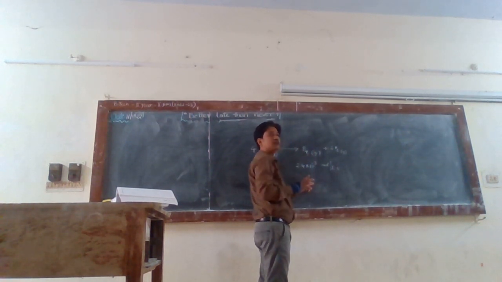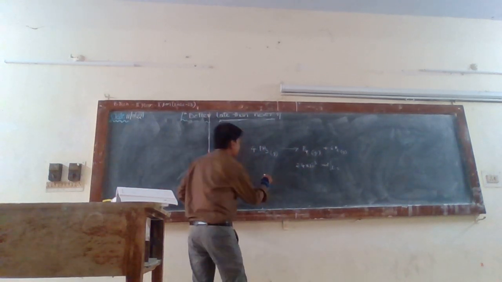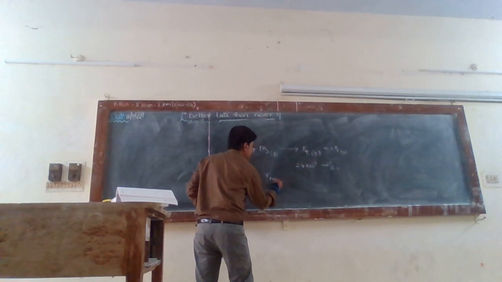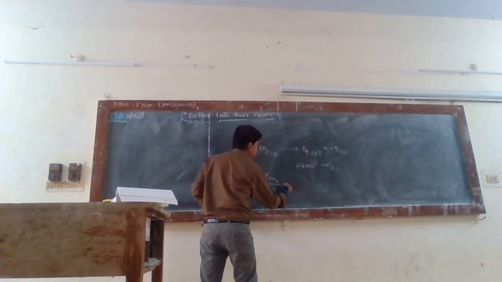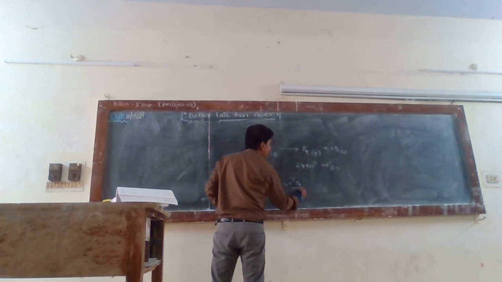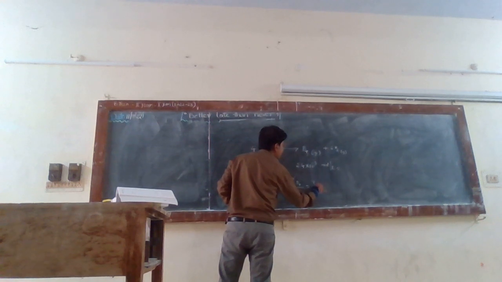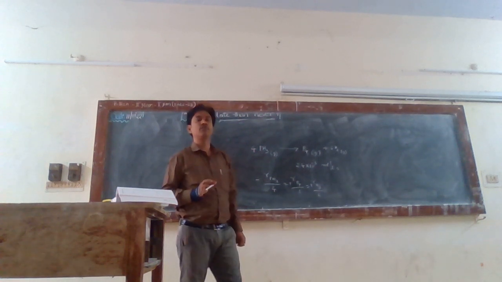Positive, because it is a product. So if I write rate of phosphine PH3 with negative sign because it is a reactant, by 4 is equal to rate of P4 with positive sign by 1 is equal to rate of hydrogen with positive sign by 6. The first question is answered.